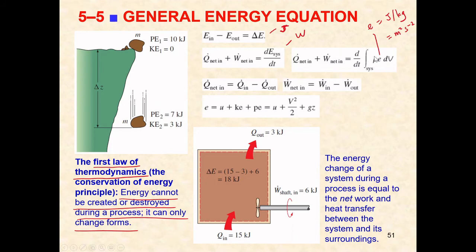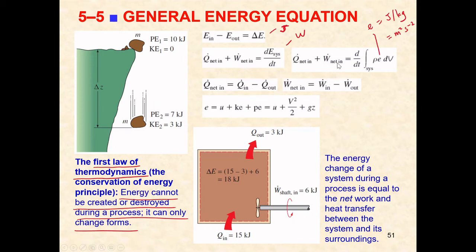We have rho, the density of a fluid, for example. E is the energy given in joules per kilogram, dV is the change of volume, and dt, of course, is the change of time. If you calculate the whole term, you get the unit of watts. Q net in is Q in minus Q out, the heat transfer in or out of the system.